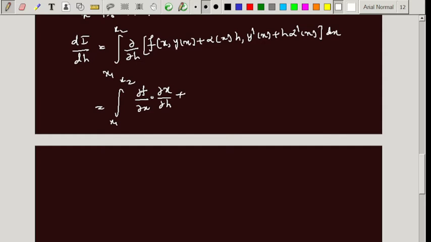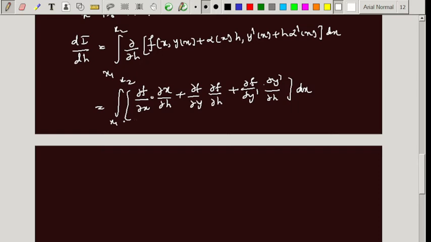Similarly, plus here we must differentiate this one with respect to h. So dou f divided by dou y, and y should be differentiated with respect to h, plus dou f by dou y dash into dou y dash divided by dou h into dx.